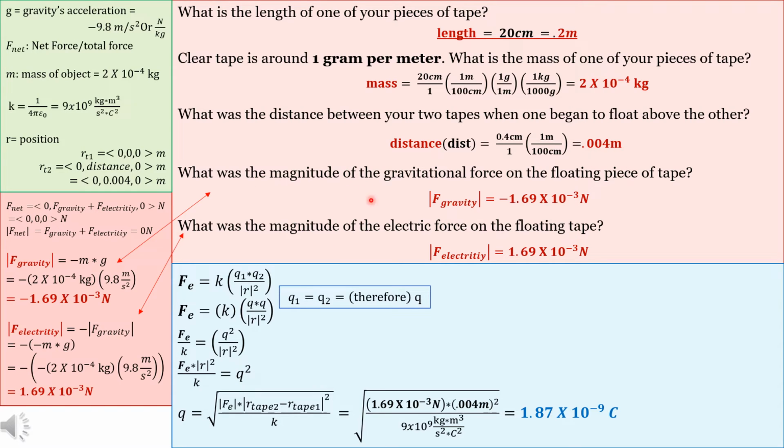Using that information on the left side to the bottom, we can figure out the gravitational force and the electrical force. And in the blue box, we find the Q of the equation. These are also going to be used and found in the code, which is the next slide.